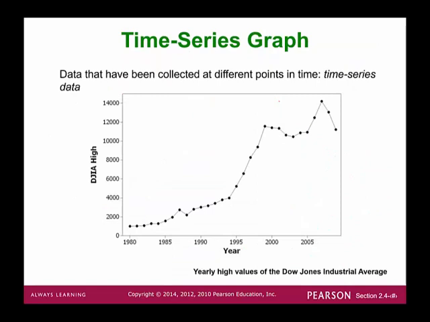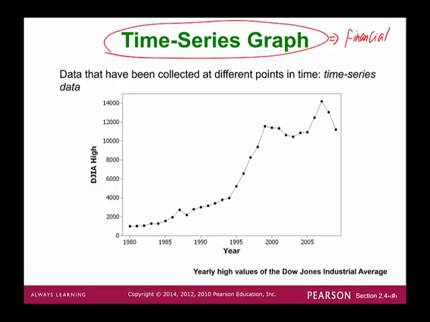Now, the second important tool is what we call a time series graph. Most of the financial data is presented using a time series graph. If you look at this particular example, it's a time series graph. On the horizontal axis, this is time in years.